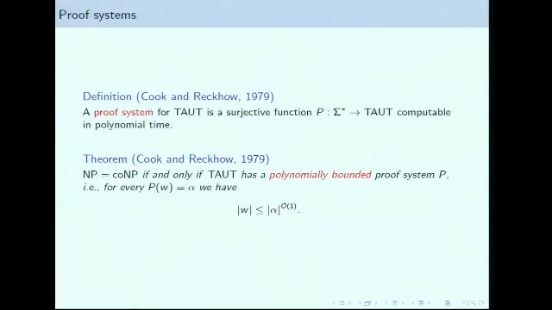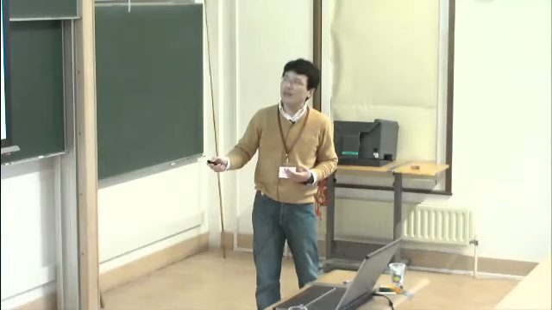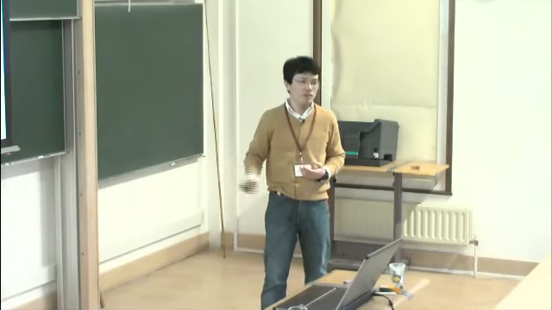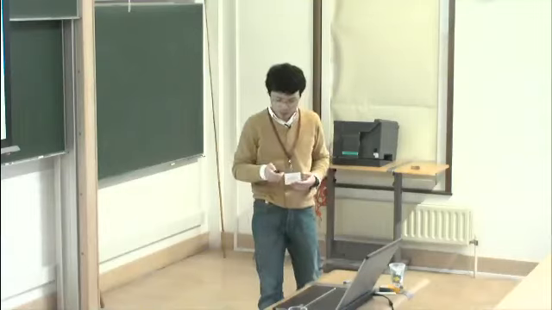Cook and Reckhow showed that NP equals co-NP if and only if TAUT has a so-called polynomially bounded proof system P. This polynomially bounded proof system means that if I have a proof w for a tautology alpha in my proof system P, then the length of this proof w is bounded by a polynomial of the length of alpha.